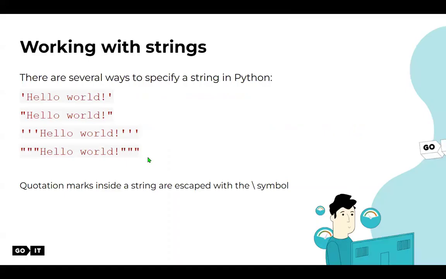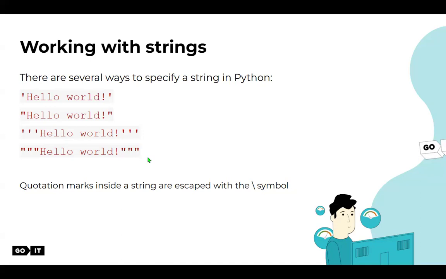All right, so we'll move on to working with strings. There are several ways of specifying a string in Python. What is on the slide is just a few of them. You have your single quotation, double quotation, multiple single quotation, and multiple double quotation.